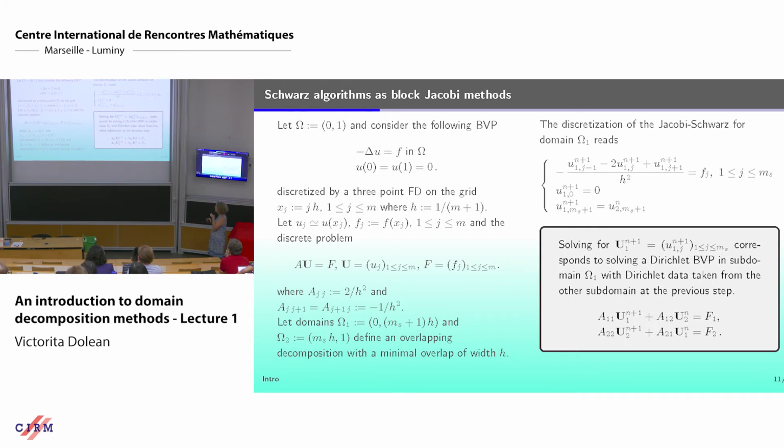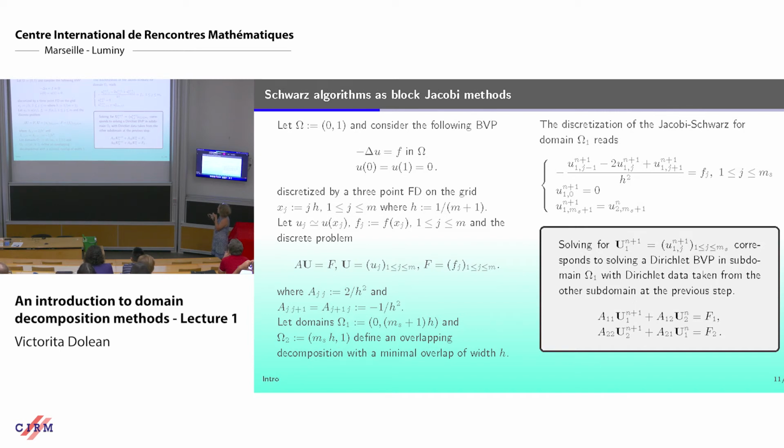Okay. So let me show you how I end up with the block Jacobi. Let's consider now this boundary value problem, a very simple one. Suppose I'm in the one-dimensional case. I use finite differences, and the finite difference scheme brings me to this discretization. And here I just define a partition into 2 subdomains.